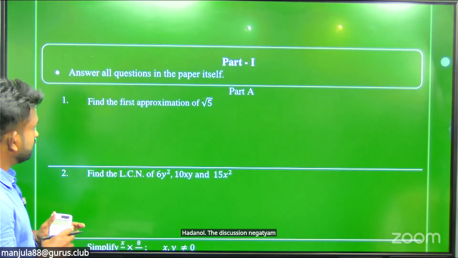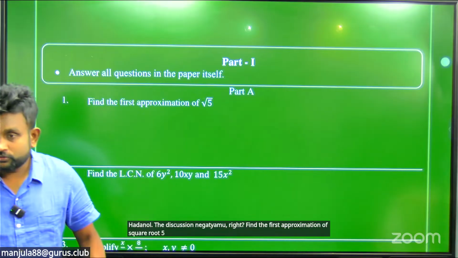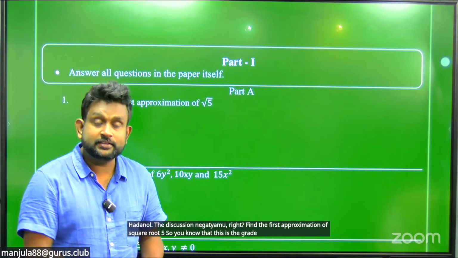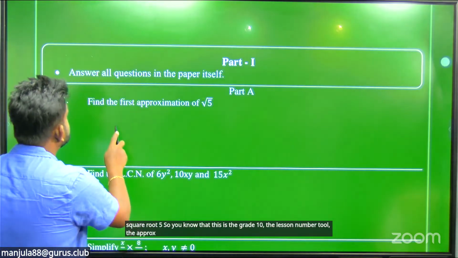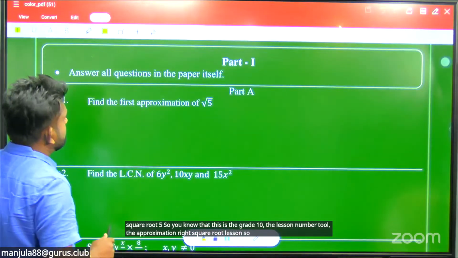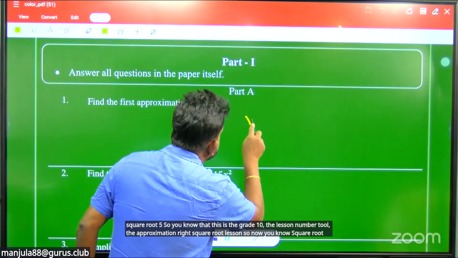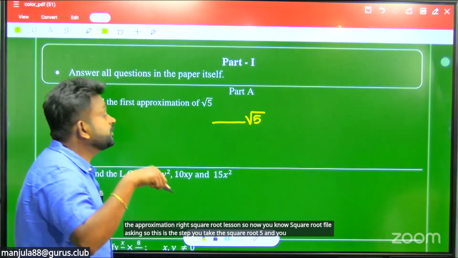Find the first approximation of square root 5. You know that this is grade 10, lesson number 2, the approximation square root lesson. So the step is, you take the square root 5 and you take the lower perfect square.